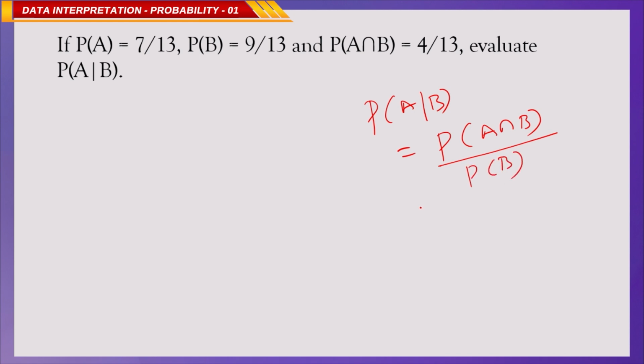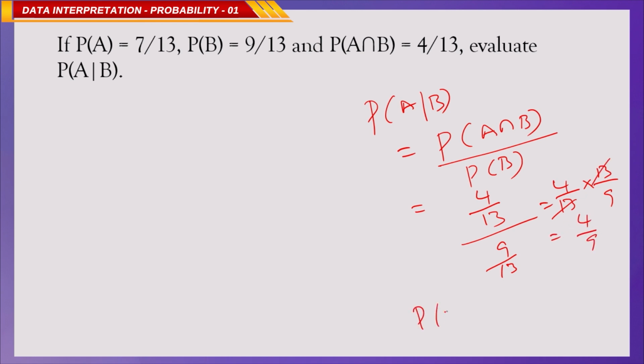P of A intersection B is 4 by 13 and P of B is 9 by 13. So its value is 4 by 13 times 13 by 9. 13 gets cancelled, giving 4 by 9. So P of A by B is 4 by 9.